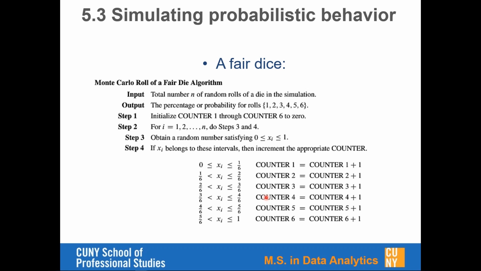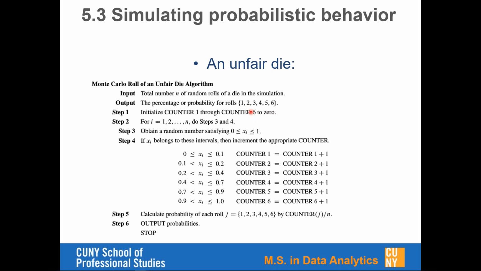Once we know the fair dice, the question becomes a little bit more complicated. What if it's an unfair dice? Suppose we know there's a certain probability for each face: a 1 shows up with 10% probability, and a 4 shows up with 30% probability.